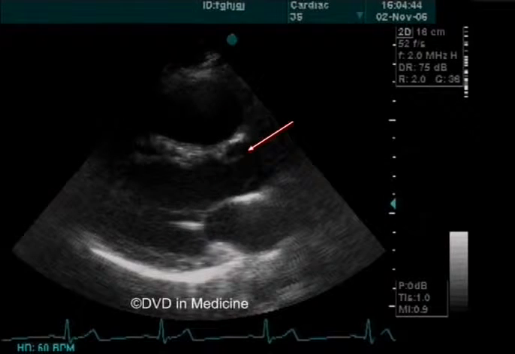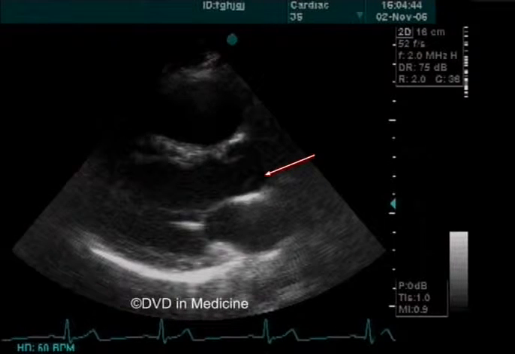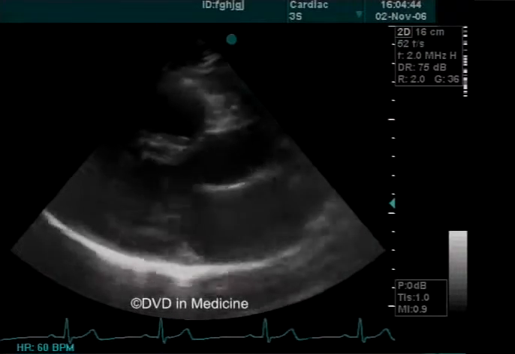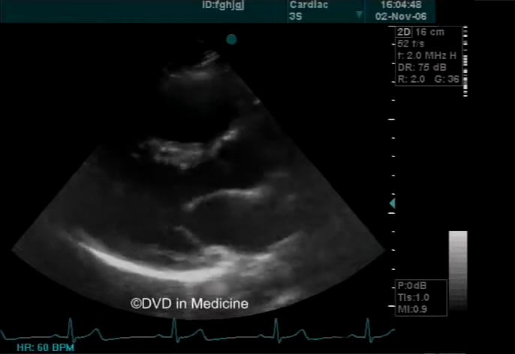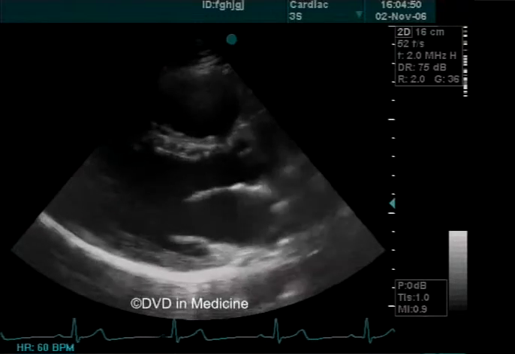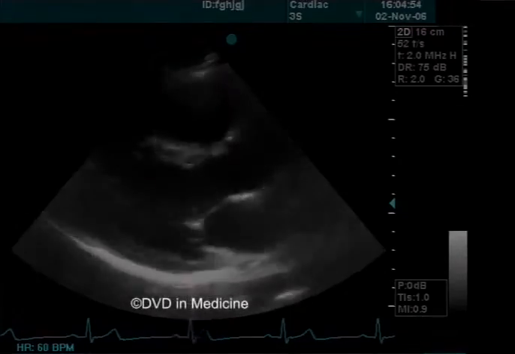The upper leaflet is always the right coronary leaflet of the aortic valve. The lower leaflet can be the left coronary or non-coronary leaflet of the aortic valve, depending on how the scanning plane has been angled. In most cases, one cannot clearly discern the motion of the aortic valve leaflets because they are very thin.